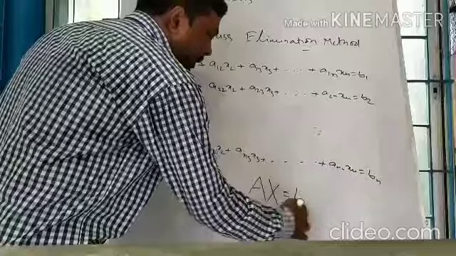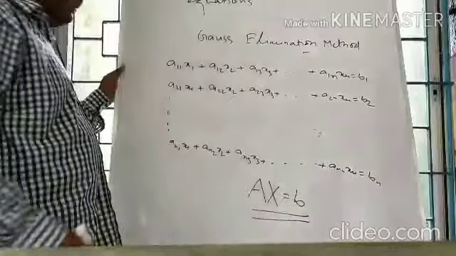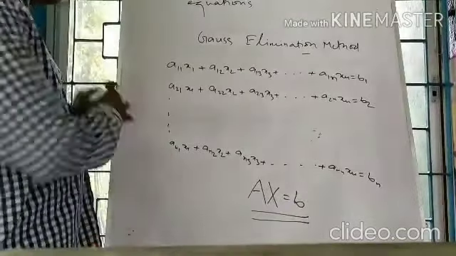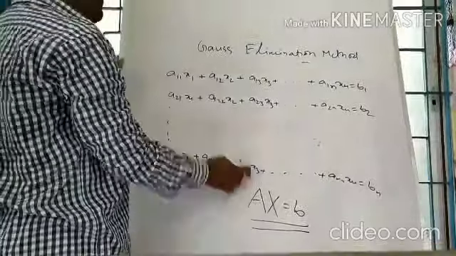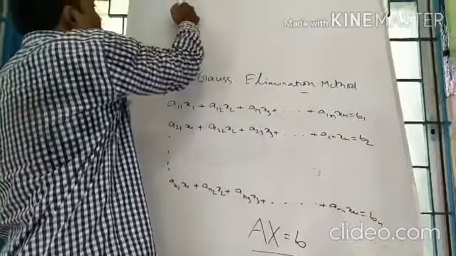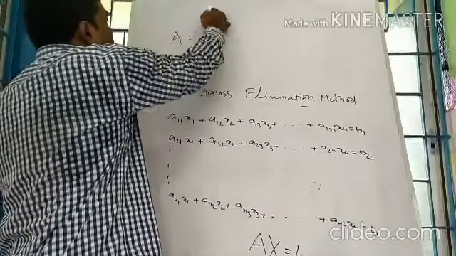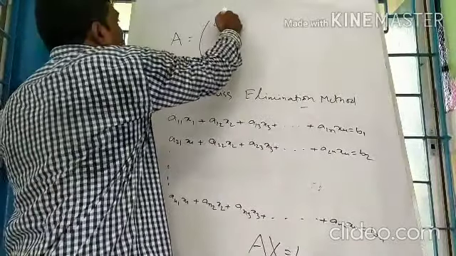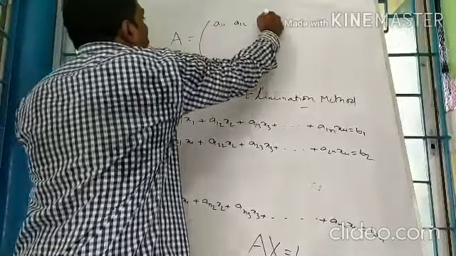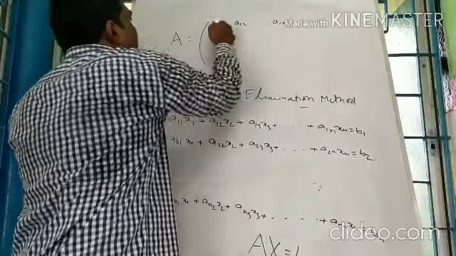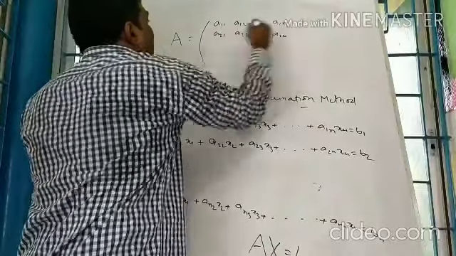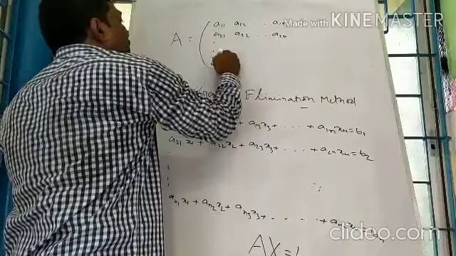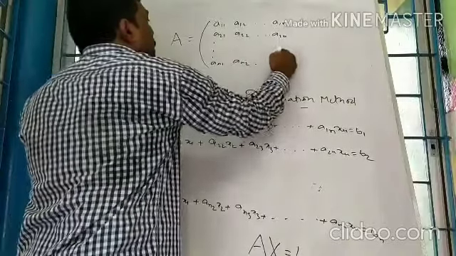This system of linear equations can be written in the form Ax equals b, where the coefficient matrix A equals a11 a12 dot a1n, a21 a22 dot dot a2n, an1 an2 dot dot ann.